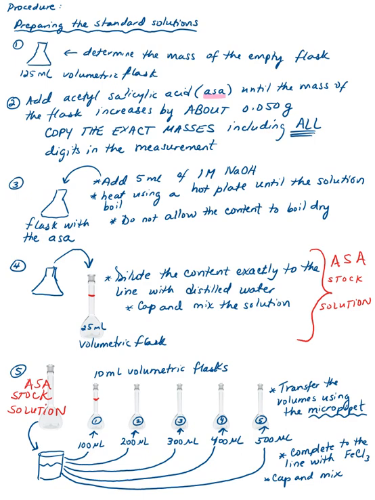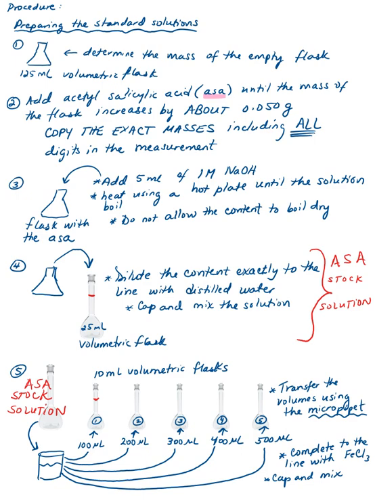Now in number 5, what you're doing is preparing the standard solutions, and your standard solutions also have a known concentration. We can calculate those concentrations using the equation for dilutions. You have an original solution, which is your stock solution, and from that original solution you're taking different volumes to prepare your standard solutions.